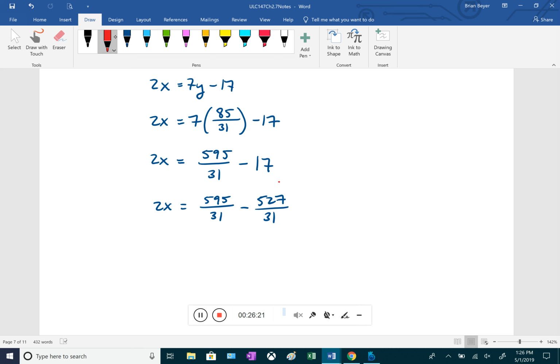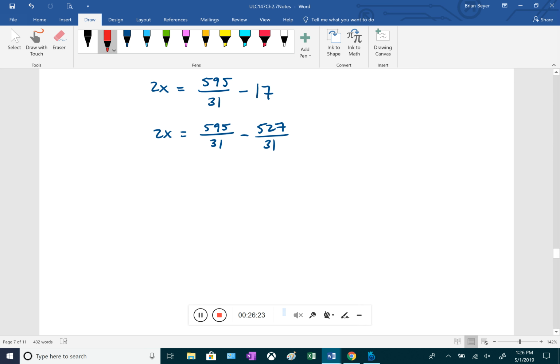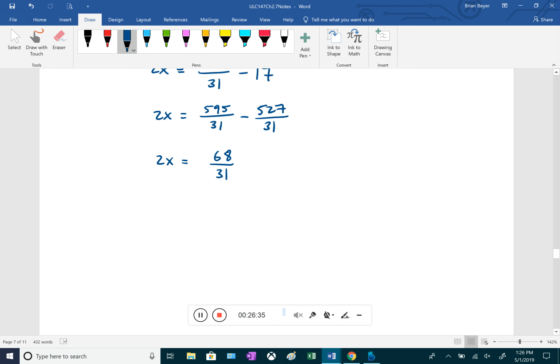And now we can combine this. On the right, it would be 595 minus 527, which gives us 68 over 31. And now we're getting a little bit closer to being done here. Divide both sides by 2. When you divide both sides by 2 here, it's going to end up being 68 over 31 divided by 2. This would be keep, change, flip.